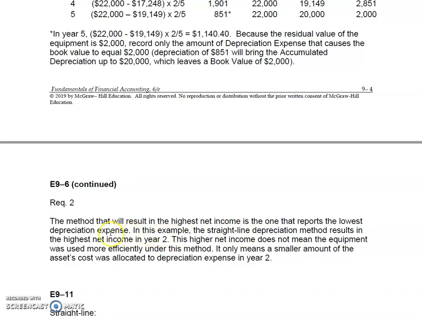The method that will result in the highest net income is the one that reports the lowest depreciation expense. In this example, the straight line depreciation method results in the highest net income in year 2. This higher net income does not mean the equipment was used more efficiently under this method.